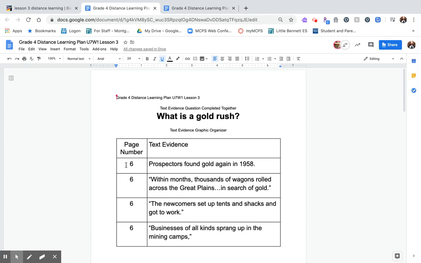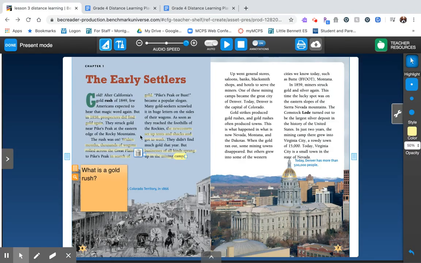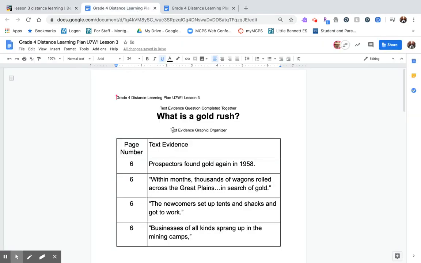I took the 4 sentences that I highlighted in this portion of the text to answer my question, what is a gold rush? We said on page 6 that prospectors found gold again in 1958.